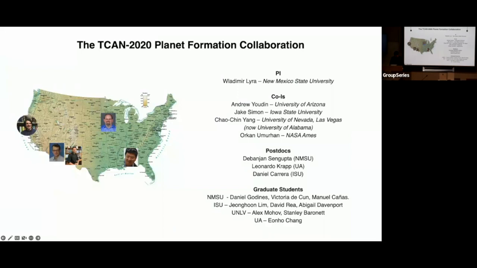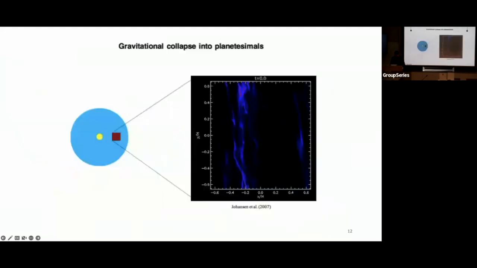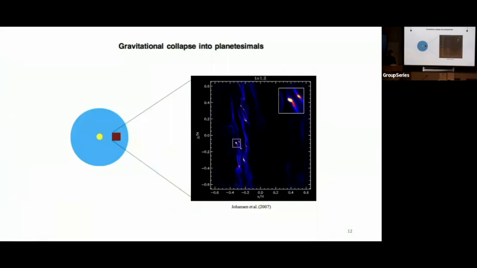The model that he's using to answer that is a streaming instability calculation, throwing more resolution at it, and also using particles of different sizes. And it's quite interesting to see the results that we are getting from them.